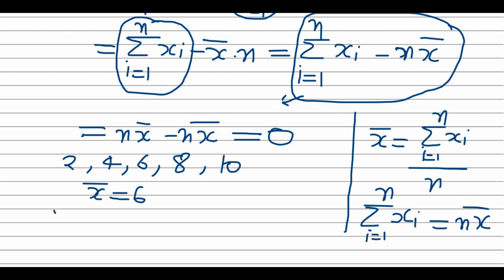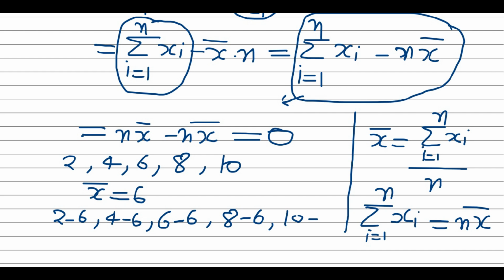Now take the deviation. Subtract the mean from all observations, that would be the deviation: 2 minus 6, 4 minus 6, 6 minus 6, 8 minus 6 and 10 minus 6.